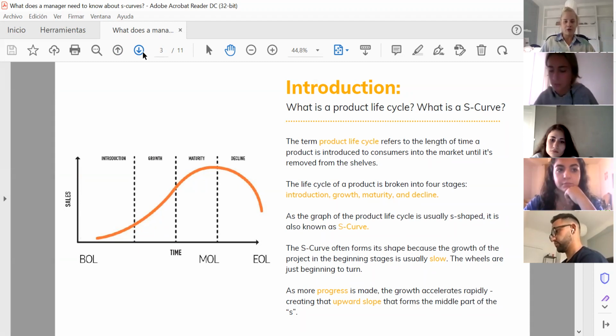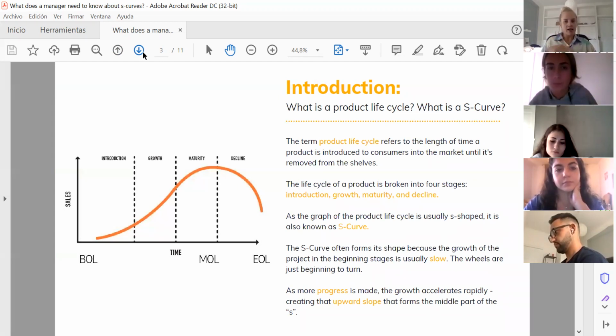As the graph of the product lifecycle is usually S-shaped, it is known as an S-curve. And the S-curve often forms its shape because the growth of the product in the beginning is usually very slow because the wheels are just beginning to turn.